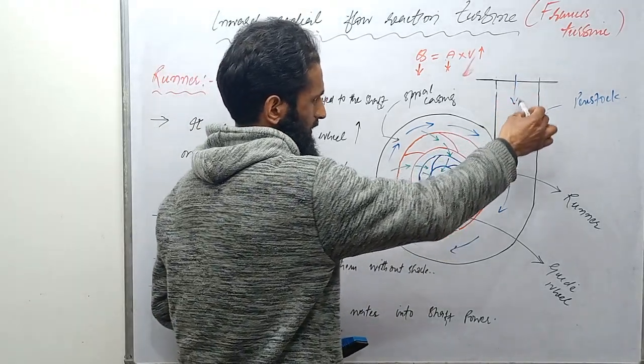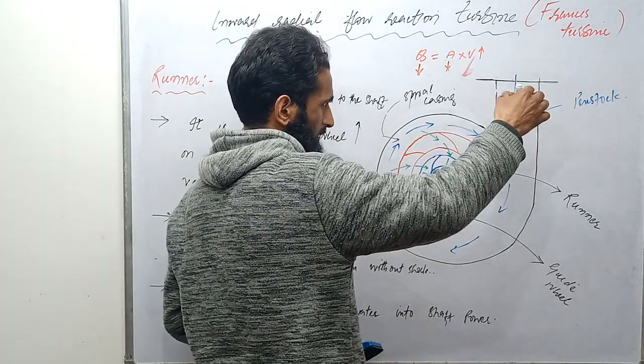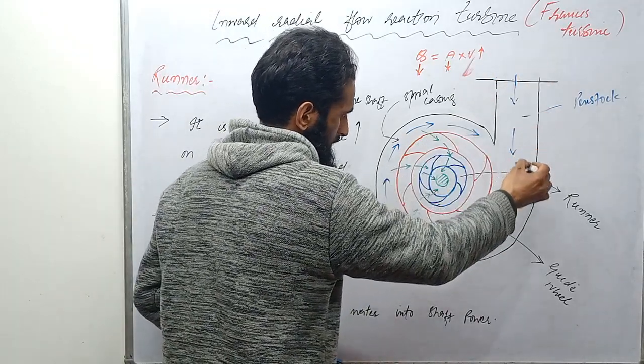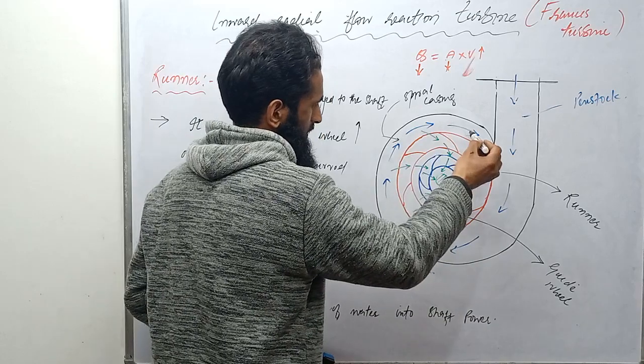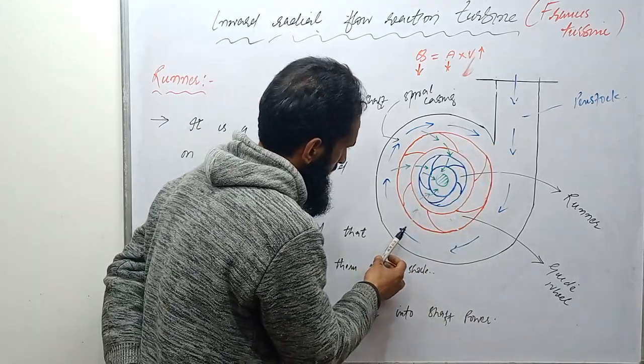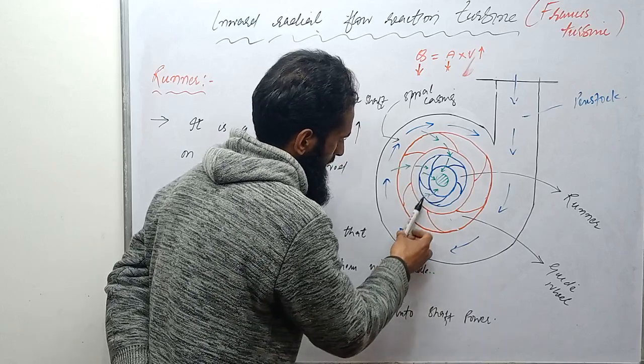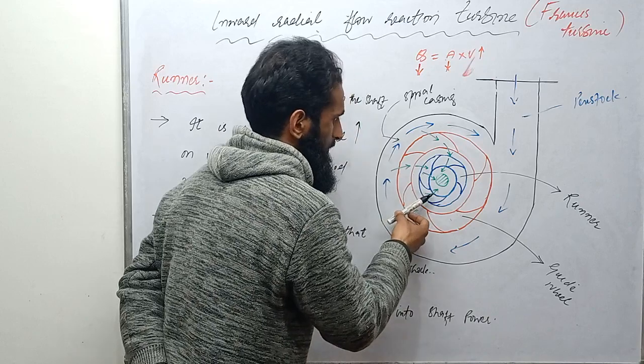Water enters inside the turbine through the penstock and flows through the scroll casing, and through the guide vanes water is supplied to the runner.